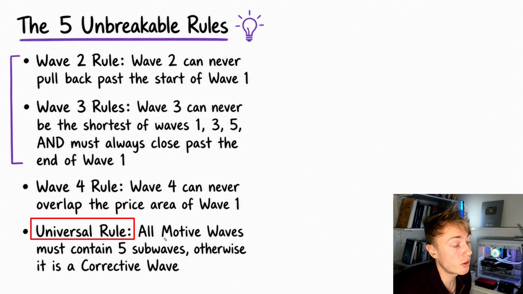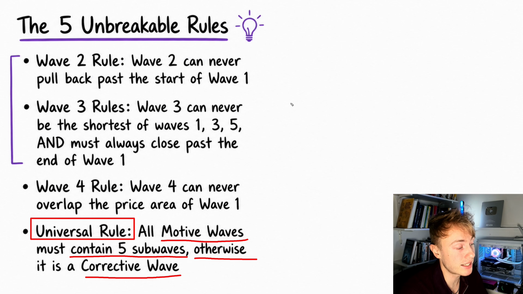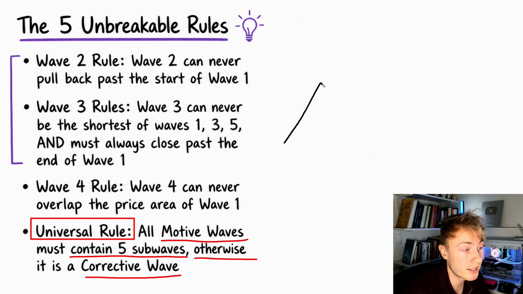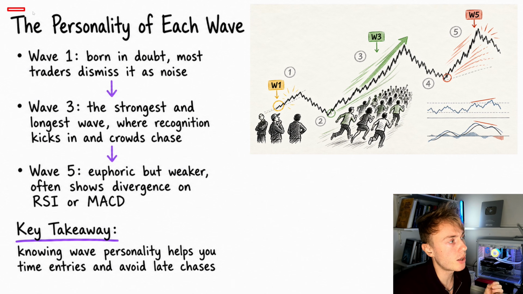All motive waves must contain 5 subwaves, because if not, it's probably a corrective wave. It simply states that in order for us to have a motive wave, we need to have a count of 1, 2, 3, 4, 5.